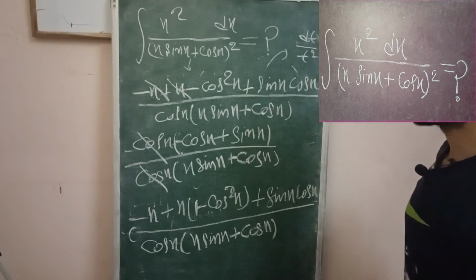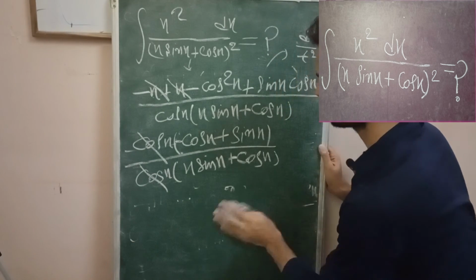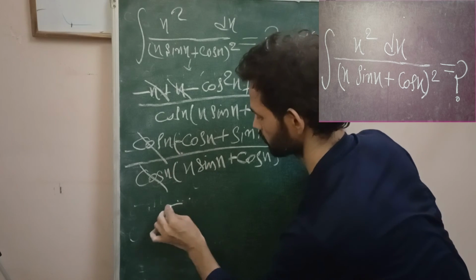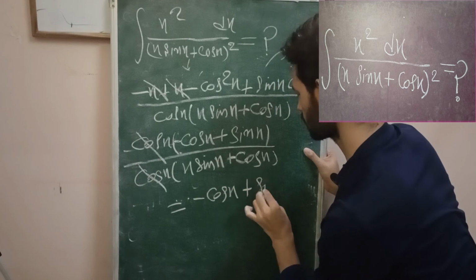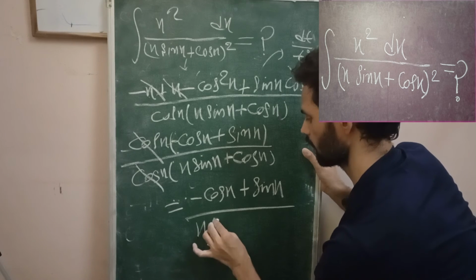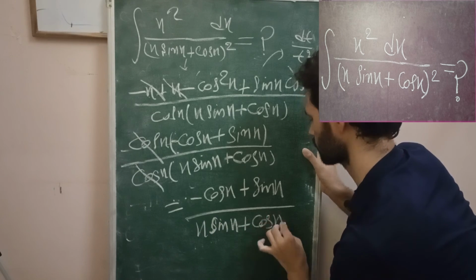Just take cos x outside as common from the numerator; inside is minus x cos x plus sin x. Then cos x will get cancelled. So we are left with minus x cos x plus sin x divided by x sin x plus cos x.